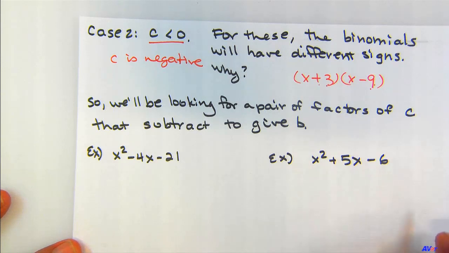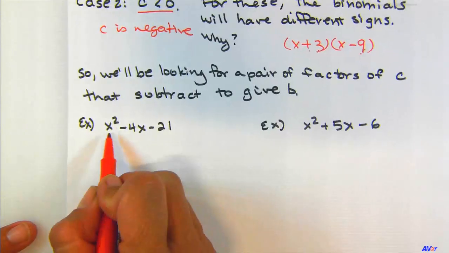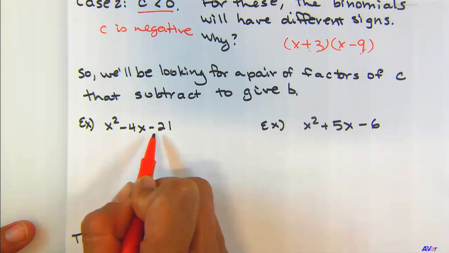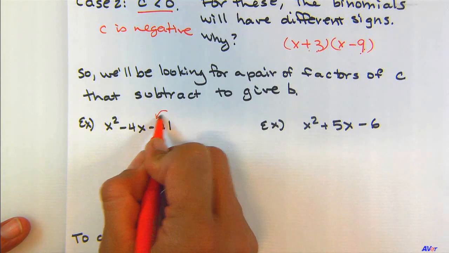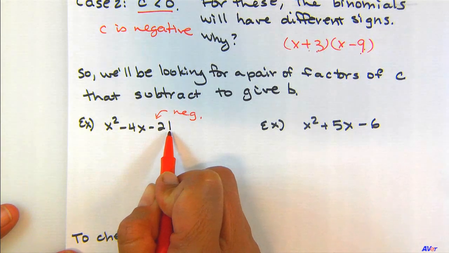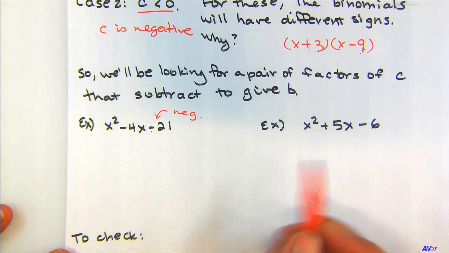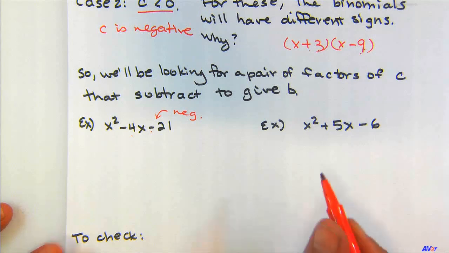So then when we look at our pairs of factors, we're going to be subtracting to give b. And again, I've had students who were successful just writing down the factors with the different signs and making it work that way. I use a different strategy, so I'm going to show you that one. So here we go. X squared minus 4x minus 21. So c is negative. Now we're going to look for a pair of numbers that multiply to 21 and subtract to give 4. And then we're going to have to mess around with the signs to make sure we have them right.